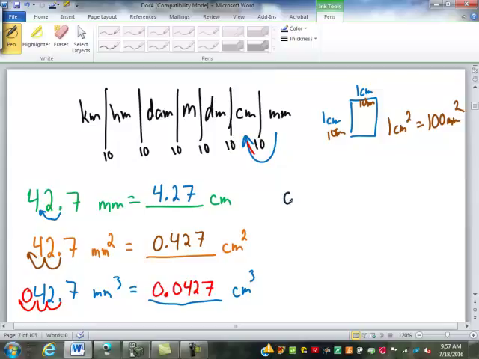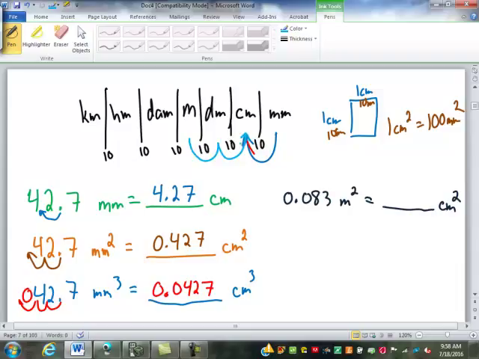So let's say I have 0.083 meters squared. I'm going into centimeters squared. How many spots on the chart am I moving to get from meters to centimeters? 2 spots to the right. Am I going to move the decimal point 2 spots?